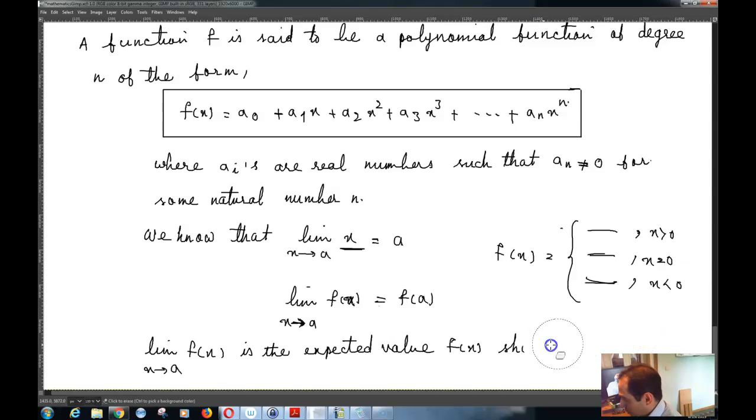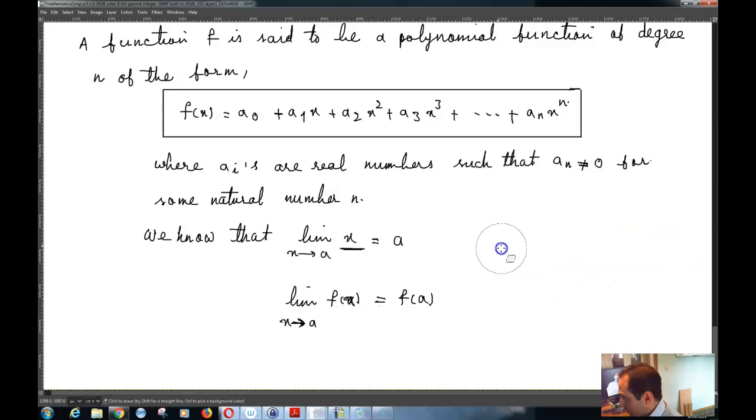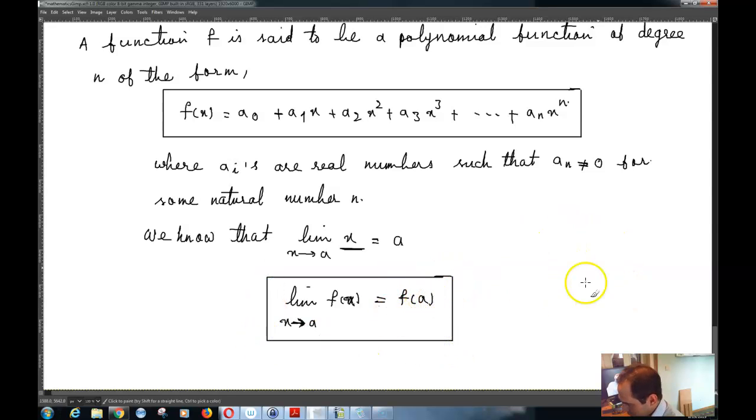And so based on that, the limit of f of x as x tends to a is generally equal to f of a, unless you have one of those functions where there are different clauses for the function, which we are not talking about here in the case of these polynomial functions.